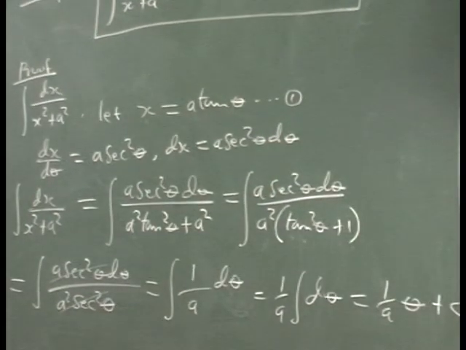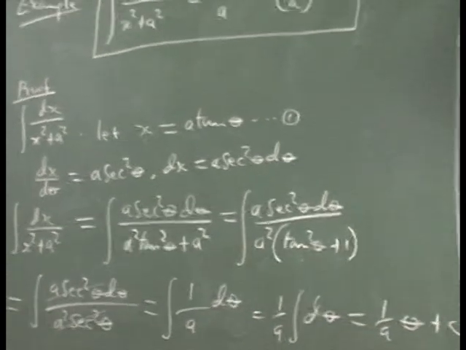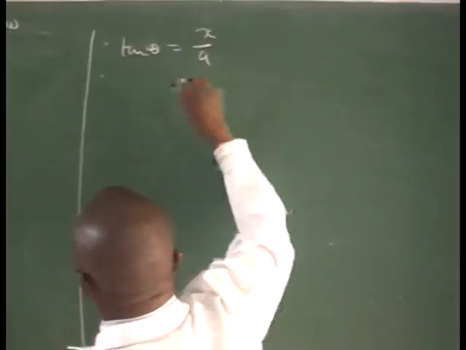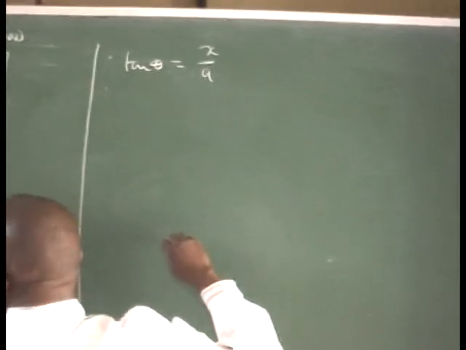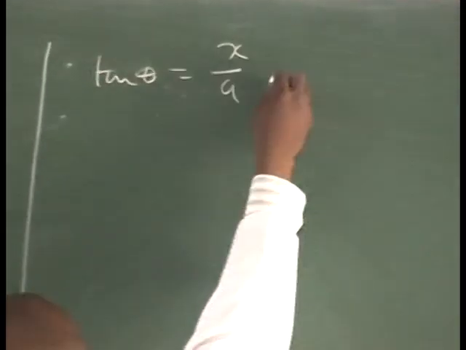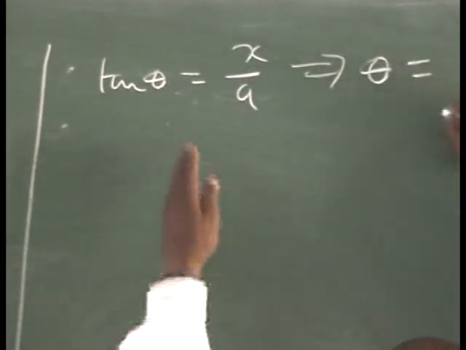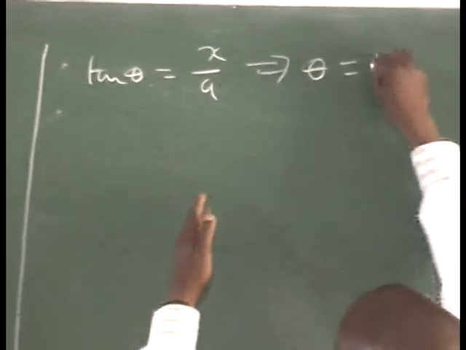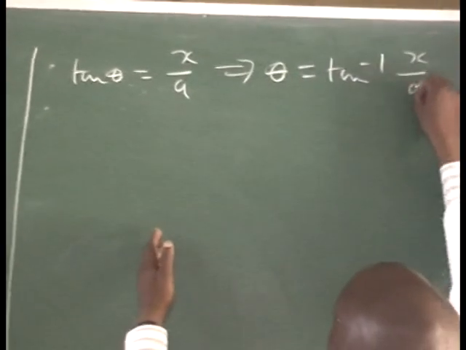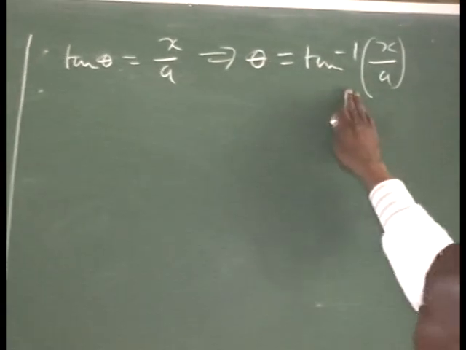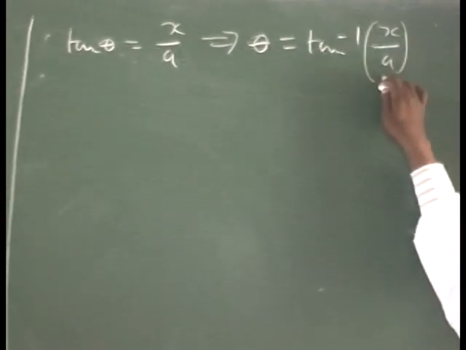So it means that tan theta is equal to x all over a, and that implies that theta will be tan inverse of x all over a. That is the value of theta.